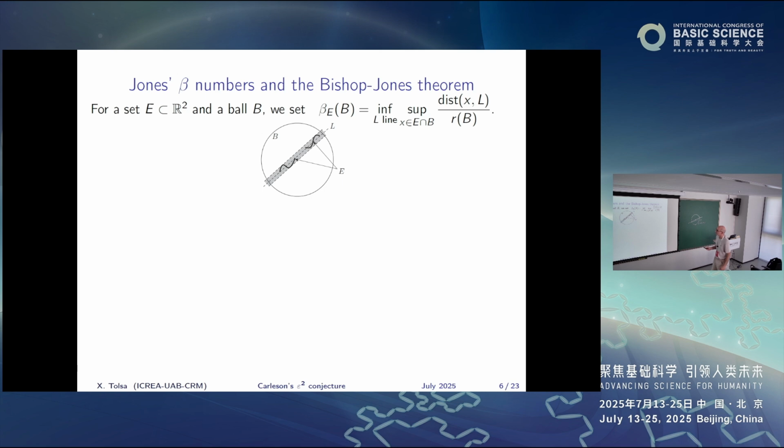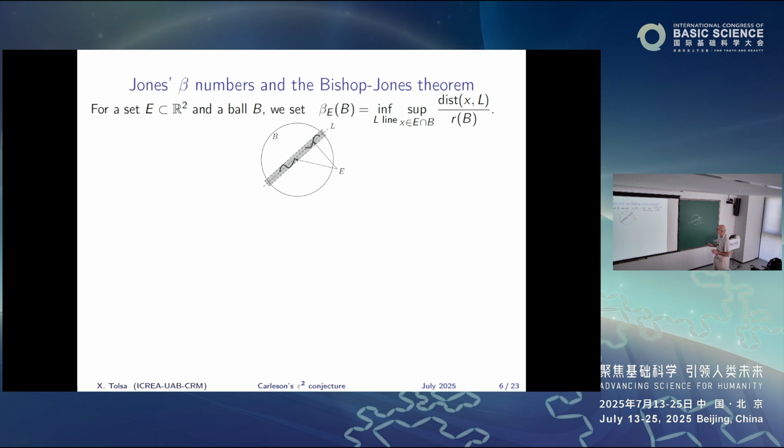So given a set E in the plane and a ball B, we consider this beta coefficient of this ball B. This is a beta coefficient that was introduced by Peter Jones when studying an analytic version of the Travelling Salesman theorem in the plane. And well, this is equal to this thing here.